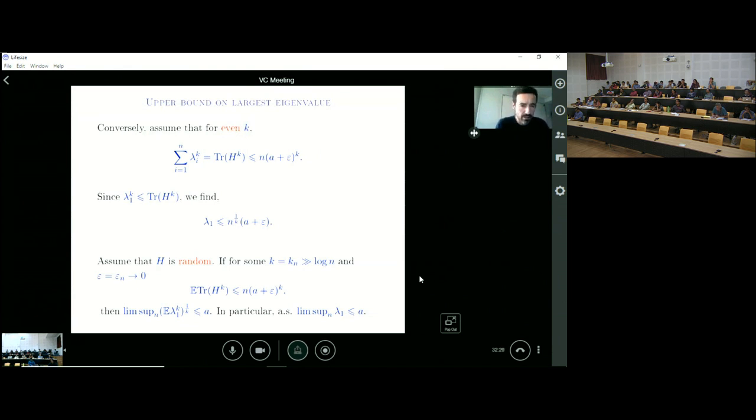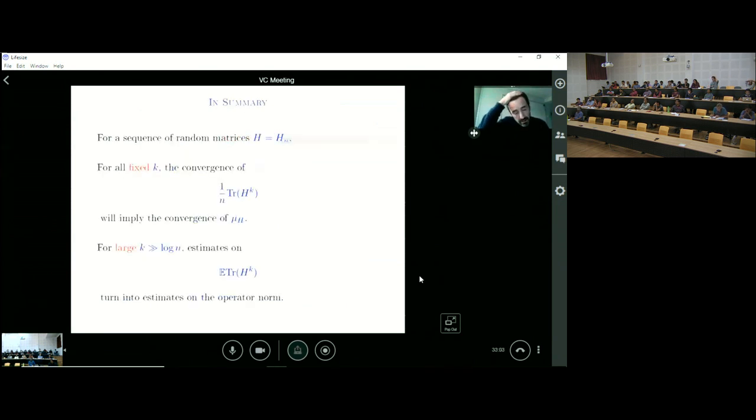So if your matrix is random, if you can prove that for some epsilon which goes to 0, the expectation of the trace of H power k is bounded by n times (A plus epsilon) power k, then you will automatically deduce that the almost sure limit of lambda 1 is at most A. Okay, that's the principle.